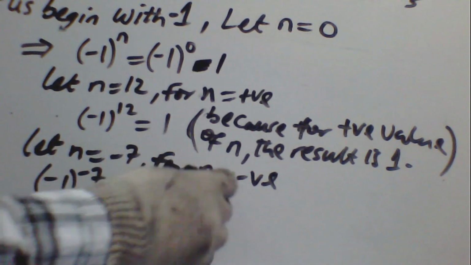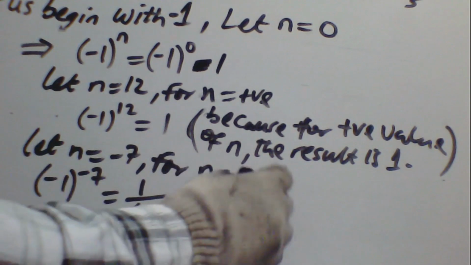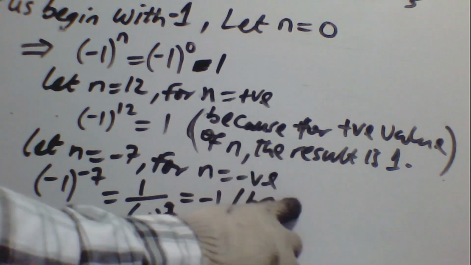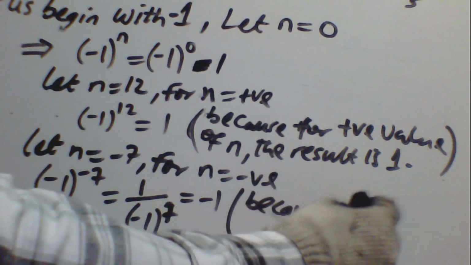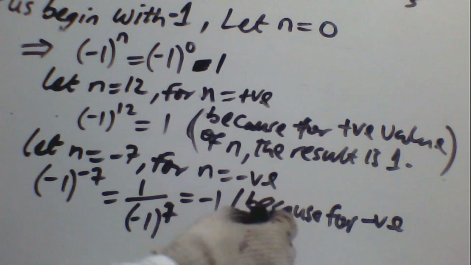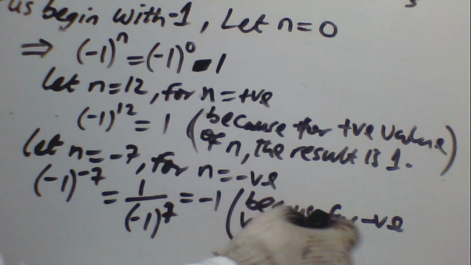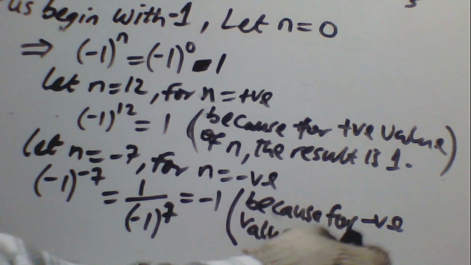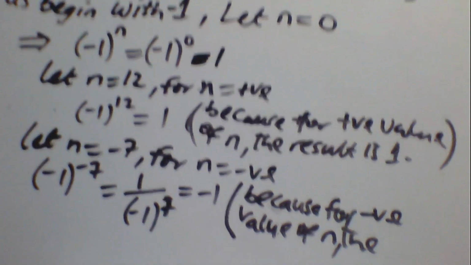The result is equal to minus 1. This is because for a negative value of n, the result is negative 1.